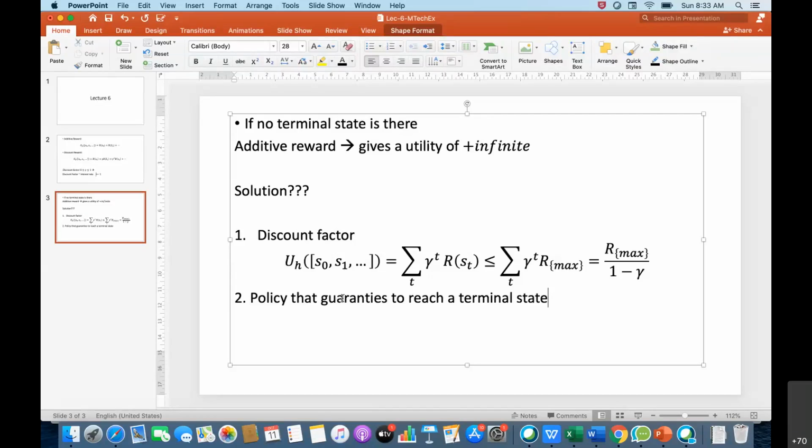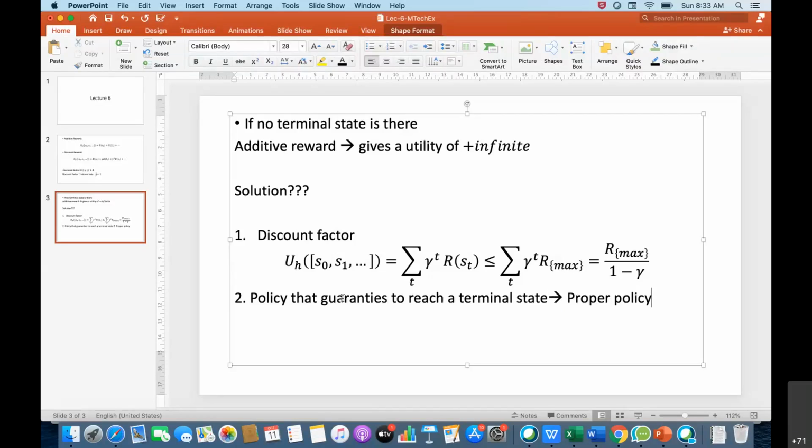Then there will not be any infinite number of states present. A policy that guarantees us to reach a terminal state is termed a proper policy.